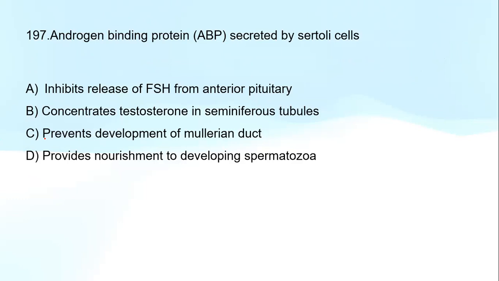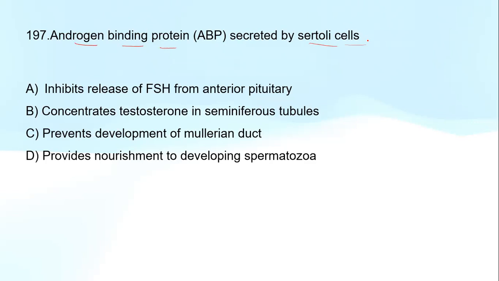Okay. Androgen binding protein, ABP, secreted by Sertoli cells. What's the function? Inhibits release of FSH from the anterior pituitary, concentrates testosterone in seminiferous tubules, prevents development of Mullerian duct, provides nourishment to developing spermatozoa. Androgen binding protein is secreted by Sertoli cells.